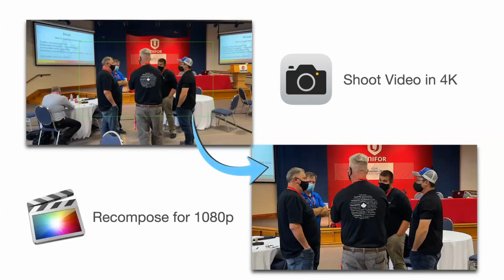I usually export my finals in 1080p. That means that I can crop or recompose my original 4K shots in Final Cut Pro. I can give them a better composition, and then I can export them without any loss of resolution. So my final 1080p version looks pretty sharp.